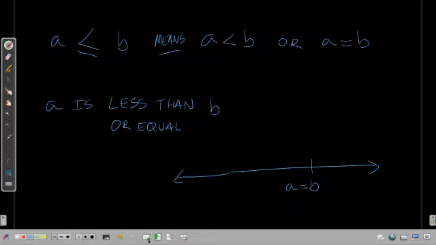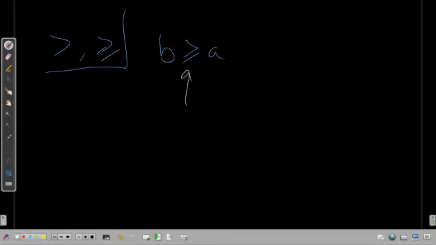And of course, the other, when the symbol faces this direction, it's greater than, or it's greater than or equal to. Even though in English we read from left to right, in math, that's more rare, except for when I explained how we read this symbol.